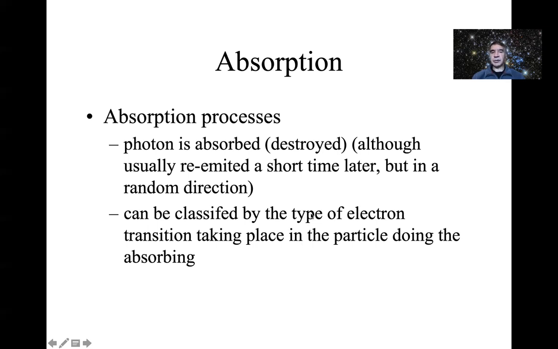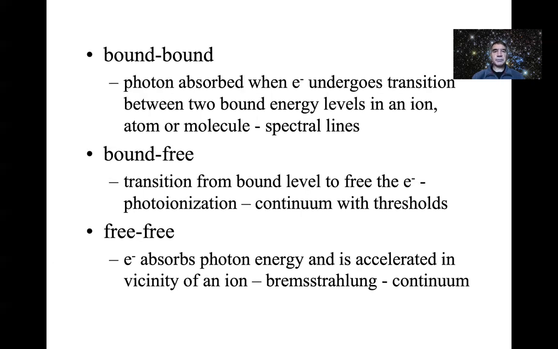These absorption processes take a variety of forms, and we can classify them by the type of electronic transition that is taking place in the particle, atom, ion, or molecule that is doing the absorbing. So let's flesh that out a little bit. Again, let's just think of atoms for a moment.